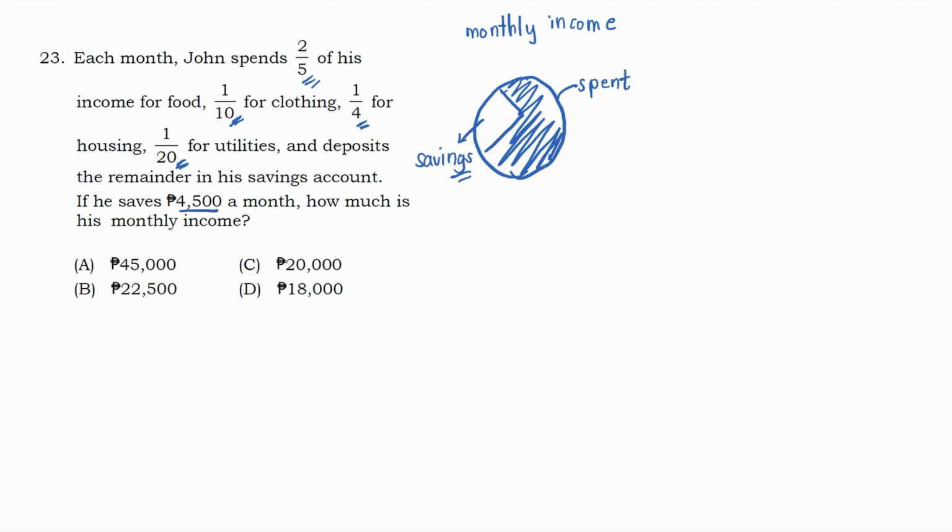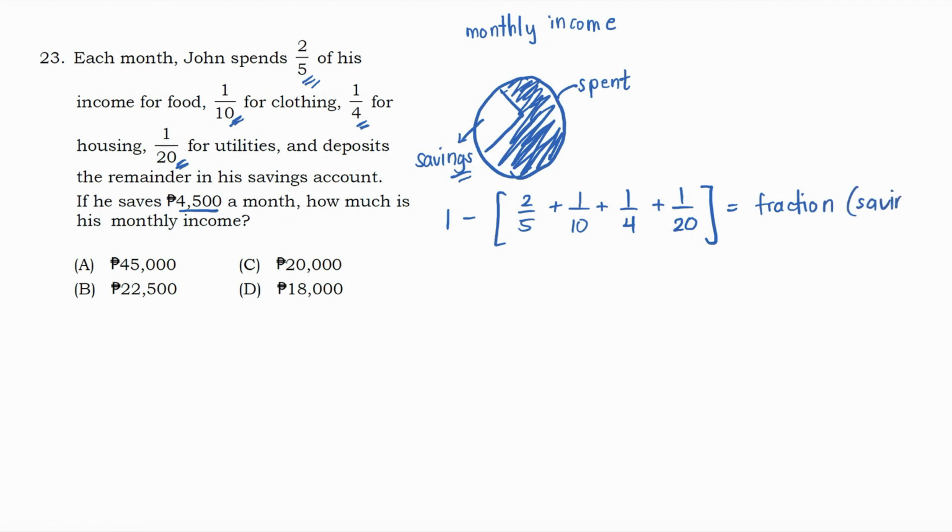I-add natin sila, and then i-minus natin sila sa 1 whole. So, 1 minus 2/5 plus 1/10 plus 1/4 plus 1/20 is equal to the fraction ng savings.